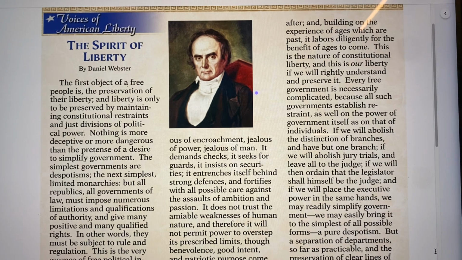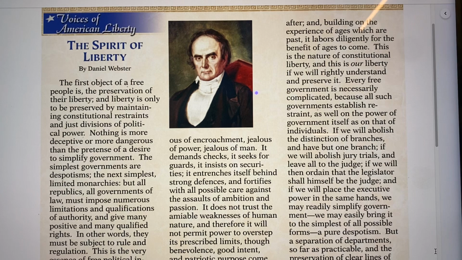It seeks for duration and permanence. So the spirit of liberty wants to be permanent in duration and to last for ages to come. We want that to be. So we must prevent these amiable powers from coming in and taking over.